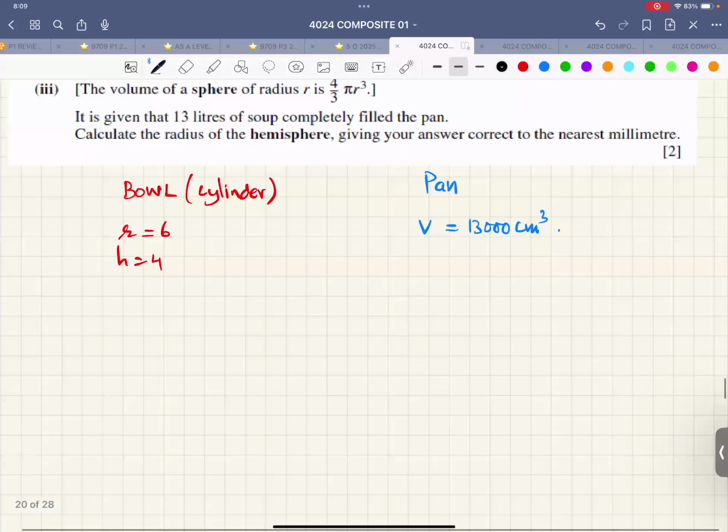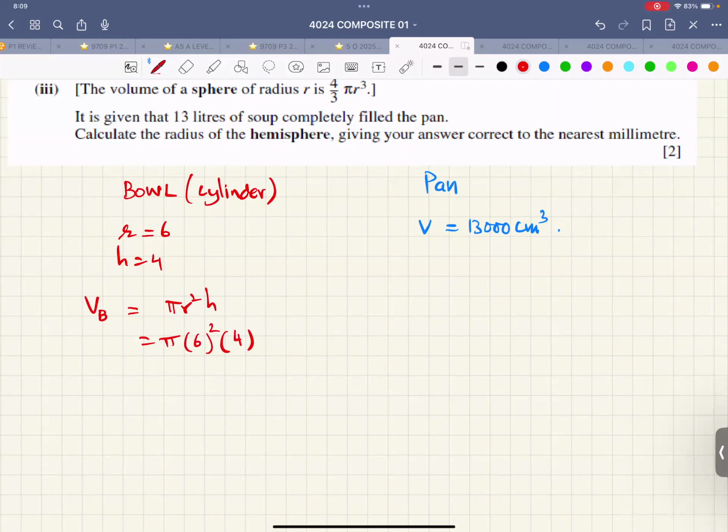So over here, I need the volume of the bowl. That is pi r squared h. That's pi times 6 squared times h, 36 times 4, 144 pi. Therefore, this is what you are filling out.